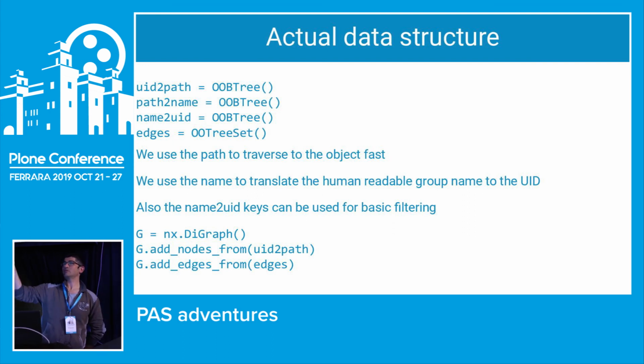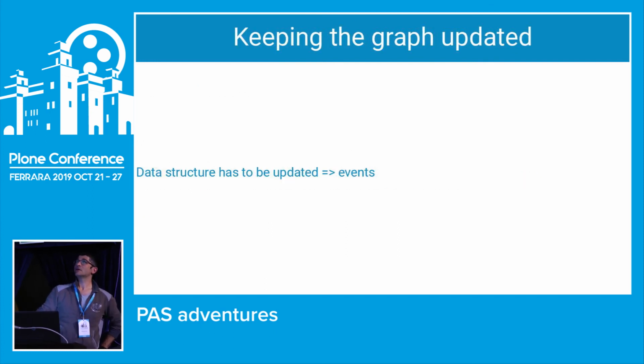And also, we could use the name to translate the information which is understandable by the machine to the name of the group or the user, and we could even use that for making a basic search. And given that the data structure was in place, we could create a graph adding all the nodes from that mapping, taking all the keys of that mapping, and then adding the edges.